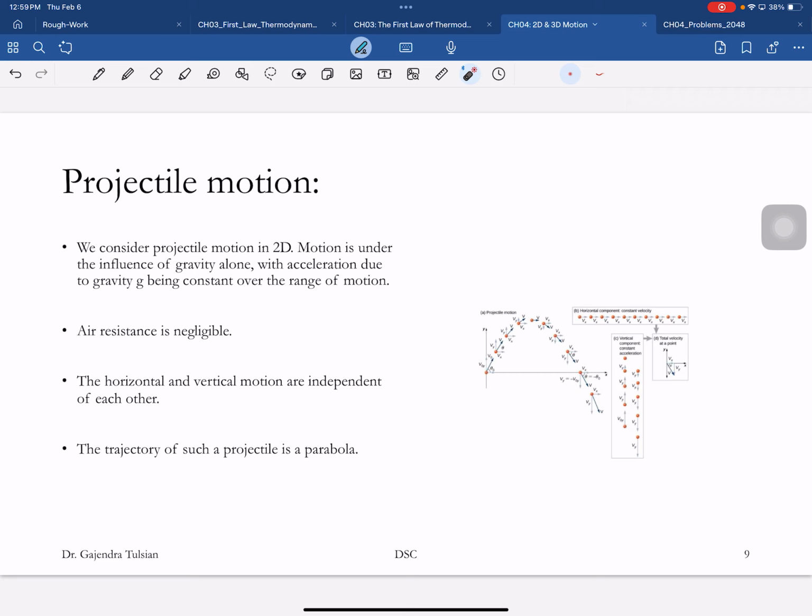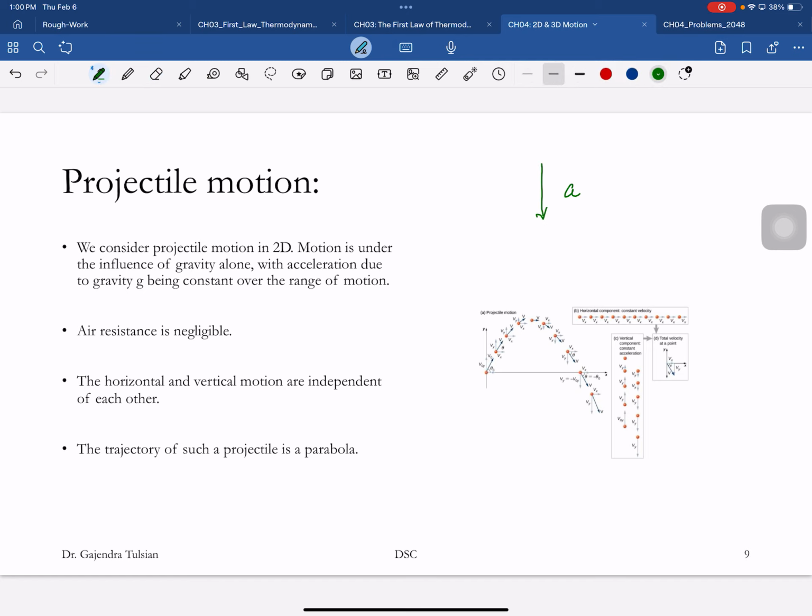All right, and this motion occurs in a plane, so all you need is x and y coordinates. So to describe this motion, I only need two functions. Now, like I said, this is a motion where gravity is the only force acting on it, and so the acceleration vector is pointing like that.